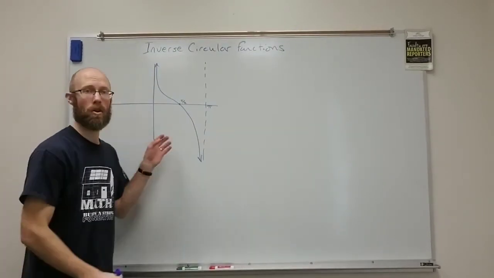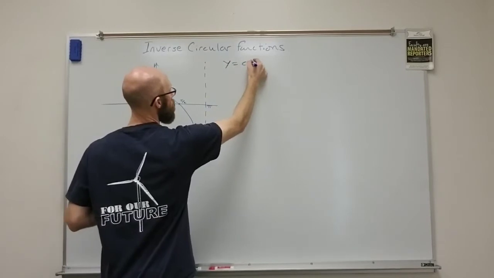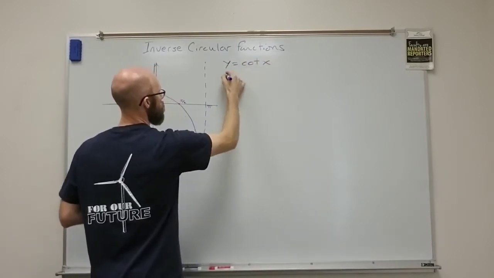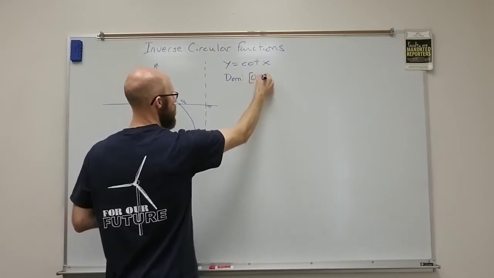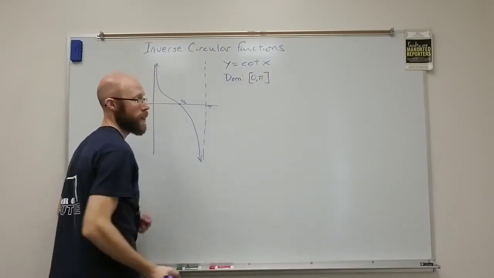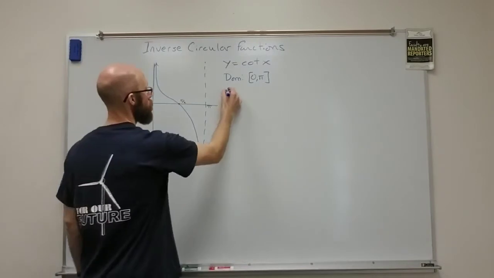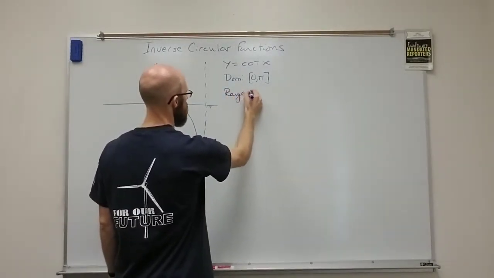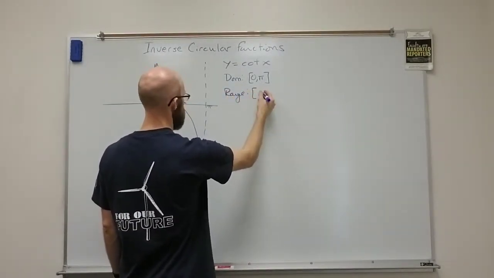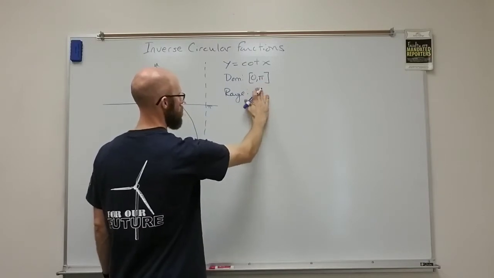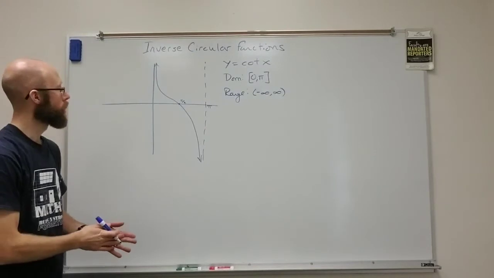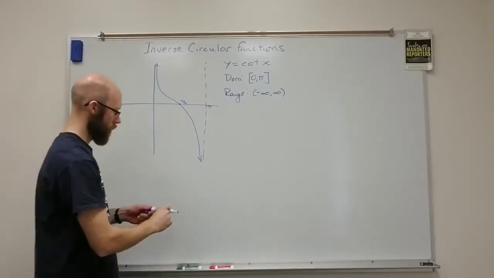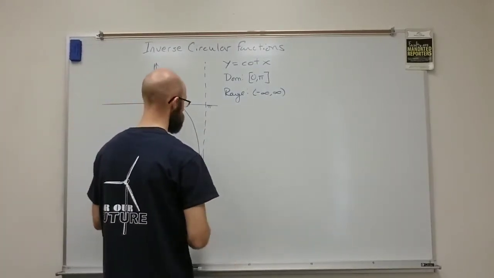Okay, that's the cotangent. Of course, the domain we're going to restrict from 0 to pi, just like we did with the cosine. The range is going to be all real numbers.